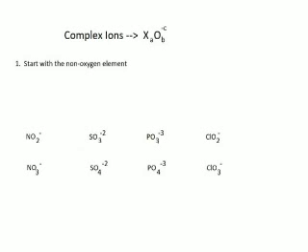And so, to start out with, you simply list the element that is not oxygen to begin with. And so for those 8 complex ions, you'd start out with the element that isn't oxygen. So for the first 2, we'd start out with nitrogen. For the next 2, we'd start out with sulfur. For the next 2, we'd start out with phosphorus. And for the last 2, we'd start out with chlorine.